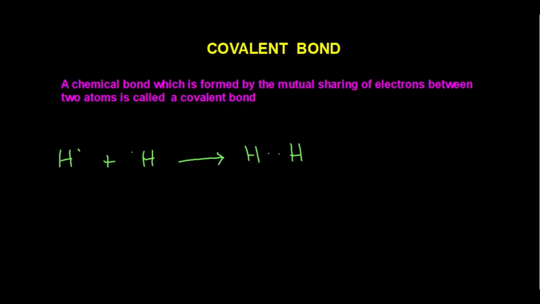We can also show this one like single shared pair of electrons is shown with the help of single solid line, or we can also write as H2. We can represent the formation of covalent bond between two hydrogen atoms by using electron dot structure for the formation of covalent bond in hydrogen molecule.